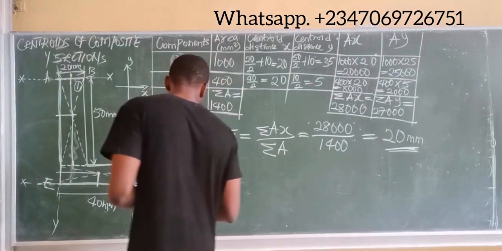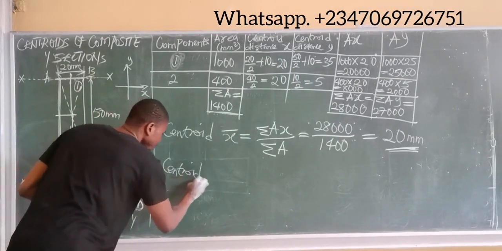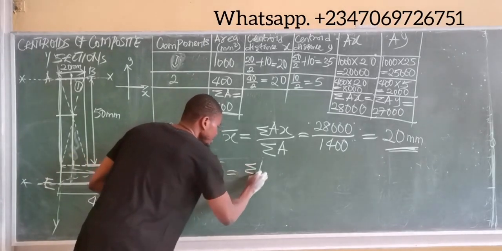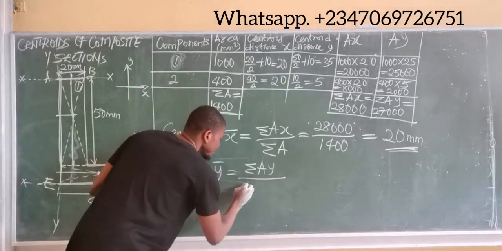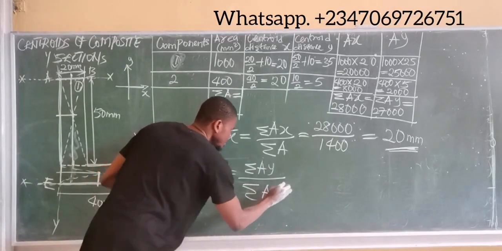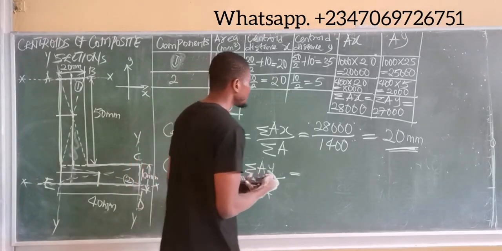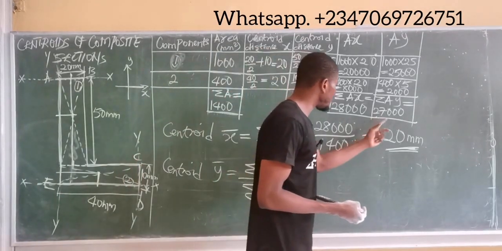Next is the centroid in the y. We still use the same formula, but now summation of area times central distance in the y, all over summation of the area. The sum of the product of the area and y simply gave us 27,000.